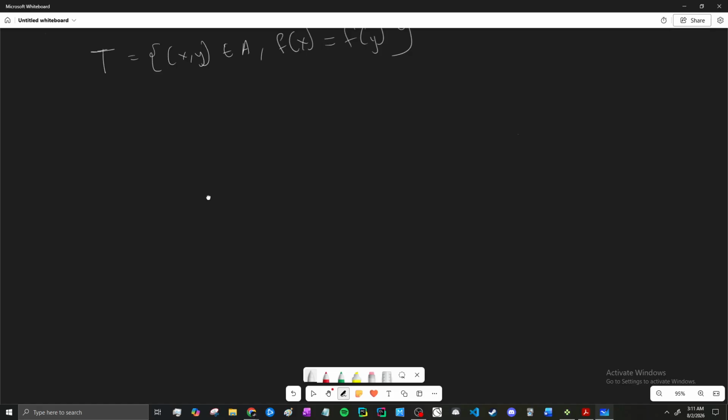And remember, this is a function. So proving reflexive.